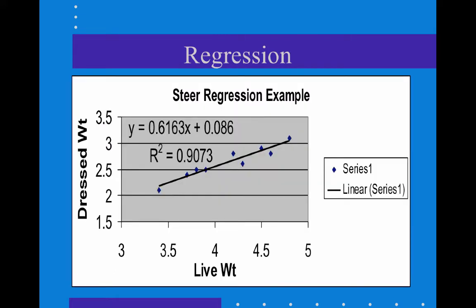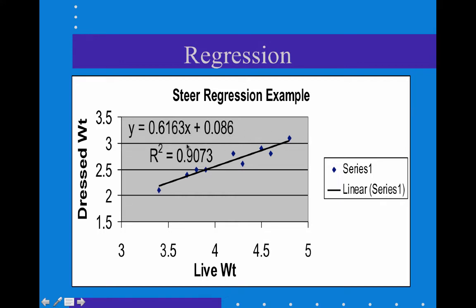And if the answer is yes, then we can fit a line to that pattern and develop a regression equation. The regression equation generated by the software has our estimated y value, or our estimated response variable, and then we've got our slope and our true intercept here.